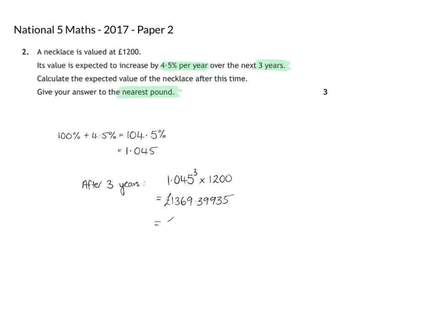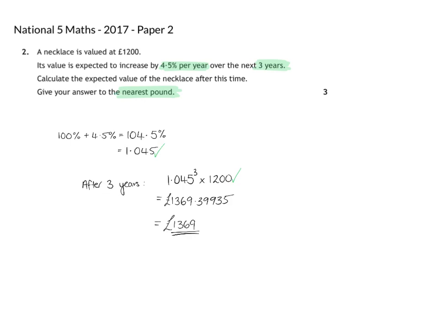So equals, to the nearest pound, 1,369. Right, so where do the marks come for this question? Your first mark is for having the 1.045 and knowing you have to multiply by it. The second is for the line here, so knowing you've got to do it to the power of 3 and times it by the 1,200.